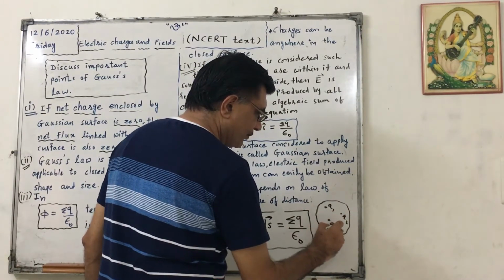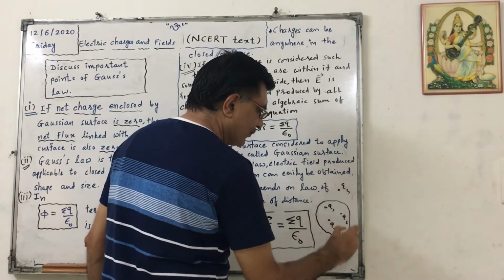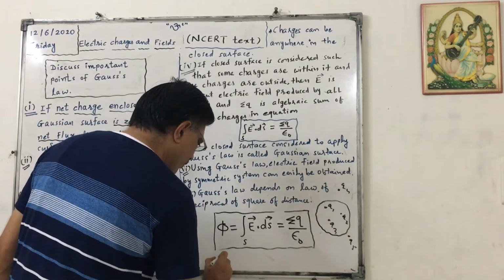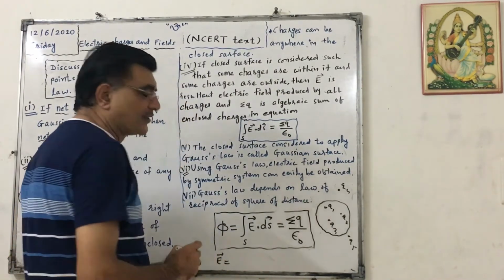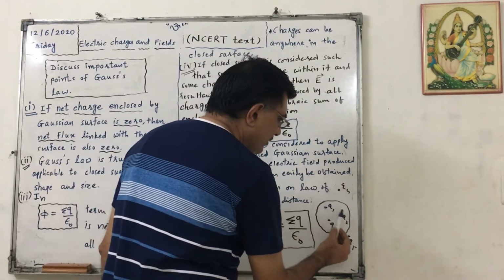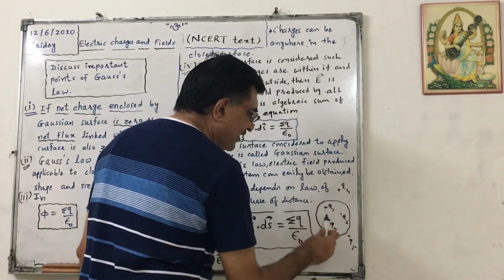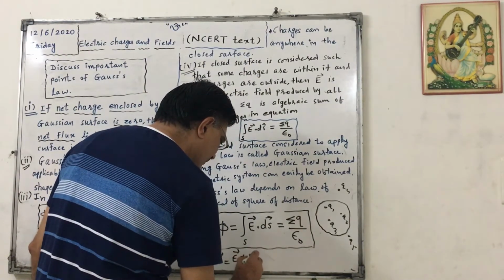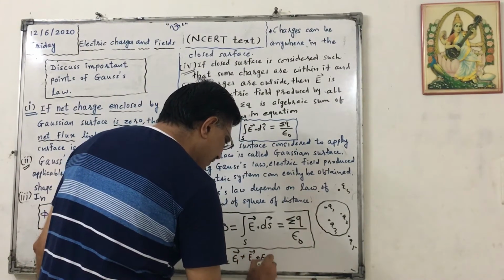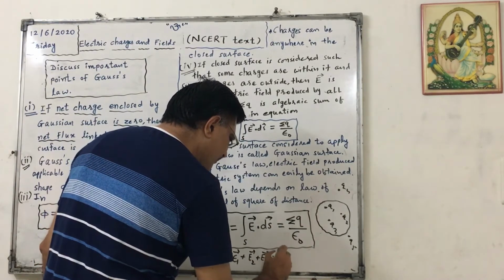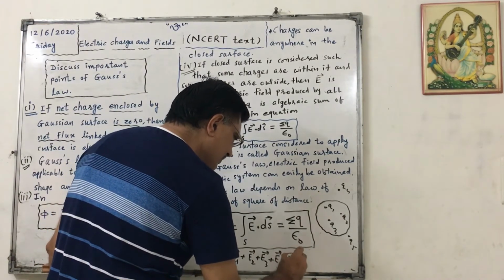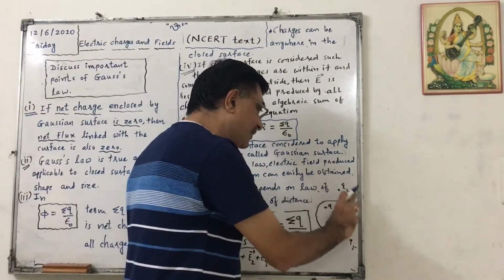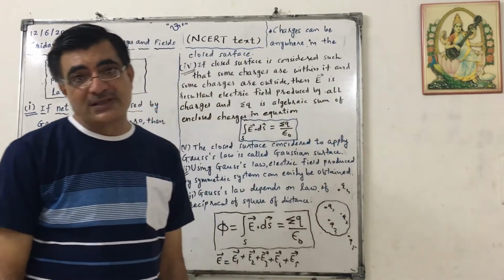Q1, Q2, Q3, Q4, Q5. If I want to find E, the resultant electric field, it will be the vector sum of electric fields produced by all charges, that is vector E1 plus vector E2 plus vector E3 plus vector E4 plus vector E5.